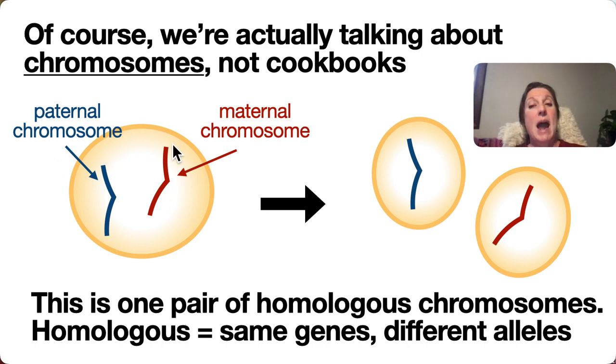So this parent cell has one paternal chromosome, or one from the father, and one maternal chromosome, one from the mother. They have the same genes, but they may have different alleles. And sexual cell division is going to allow these to divide to produce daughter cells that each have just one chromosome and not a pair.